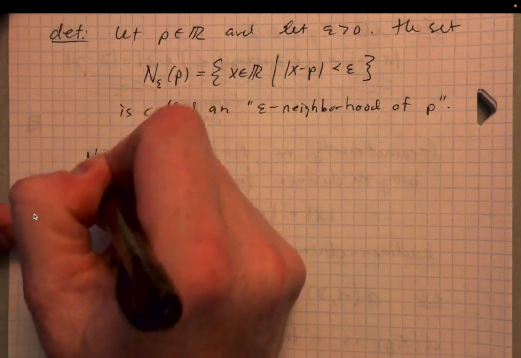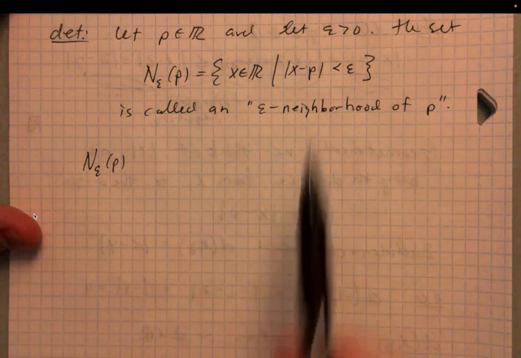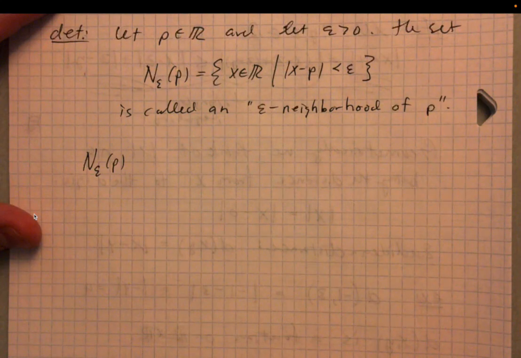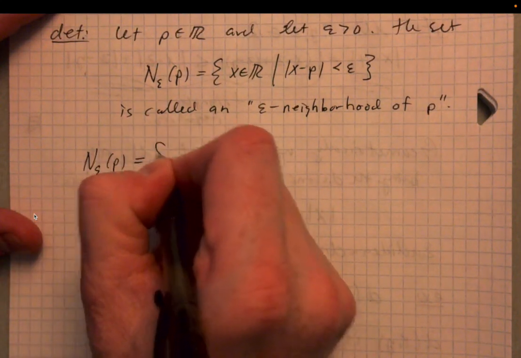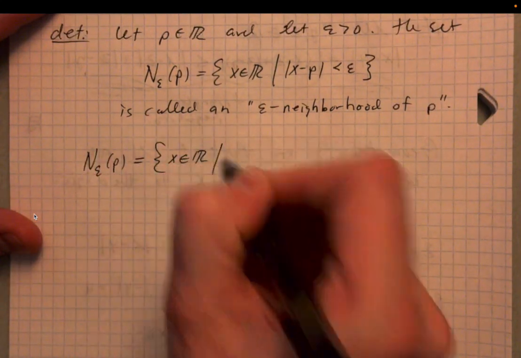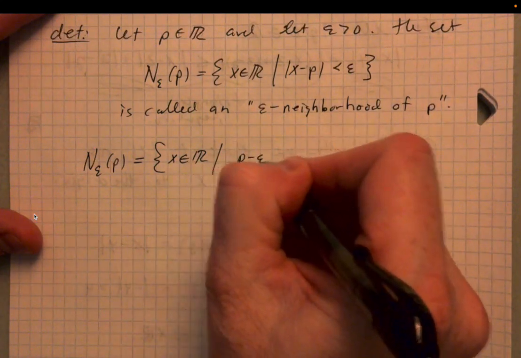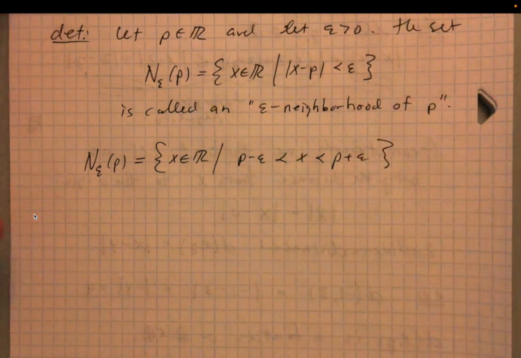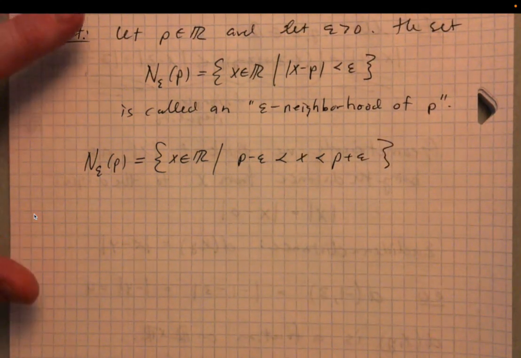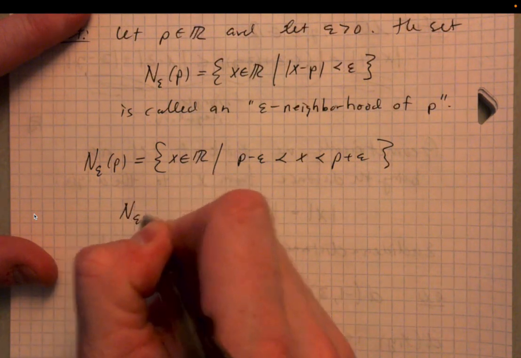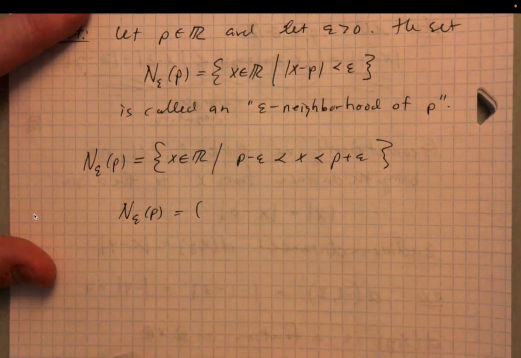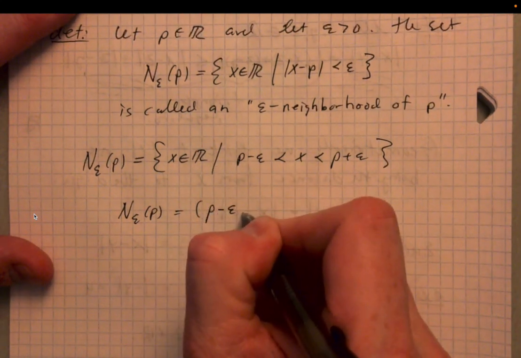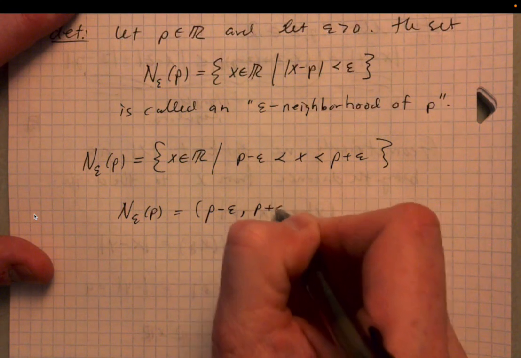Now, of course, another way to think about this, given the discussion we've just had regarding absolute values and distances, is that an epsilon neighborhood can also be thought of as all of the x in R such that P minus epsilon is less than x, which is less than P plus epsilon. In that sense, the epsilon neighborhood of P is just an open interval around P, from P minus epsilon up to P plus epsilon.